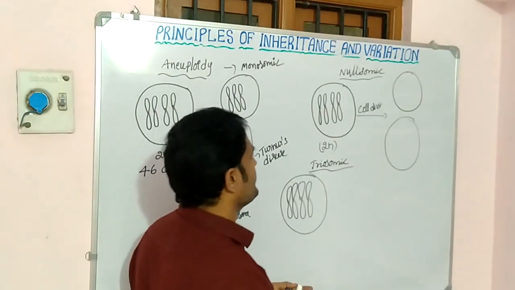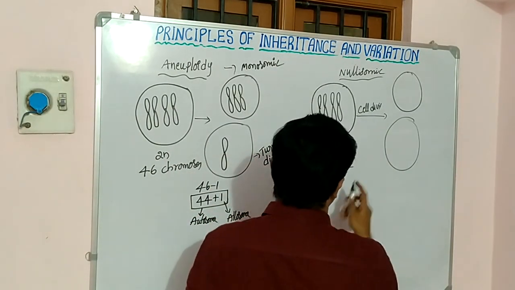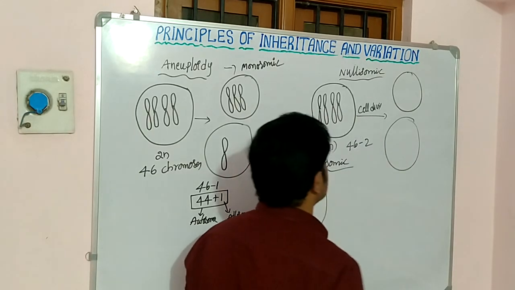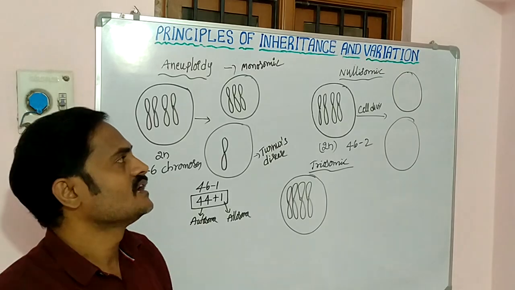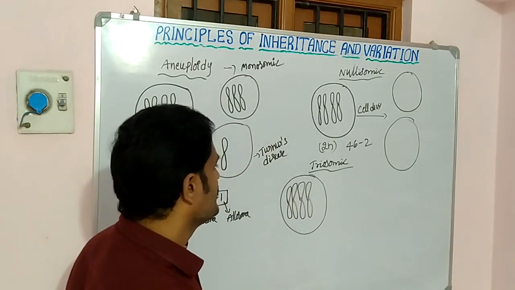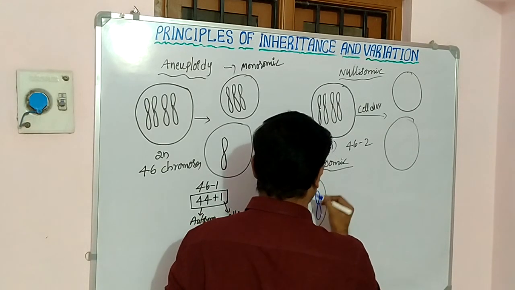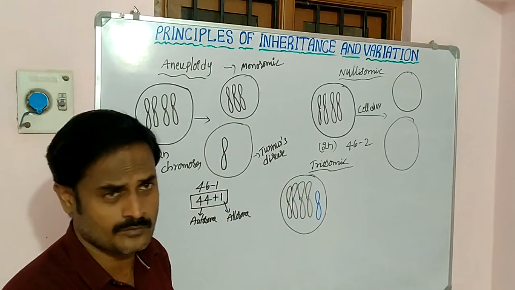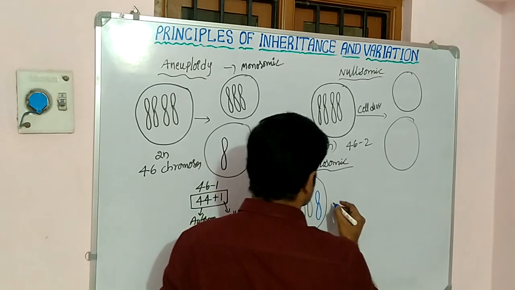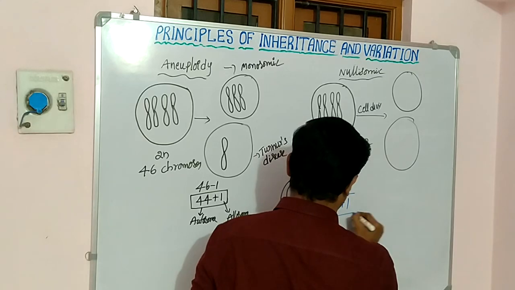The normal chromosome number is how much? 46. So 46 plus 1 condition.